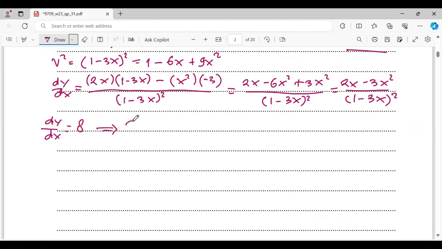This expression, 2x minus 3x squared over 1 minus 3x squared, equals 8.